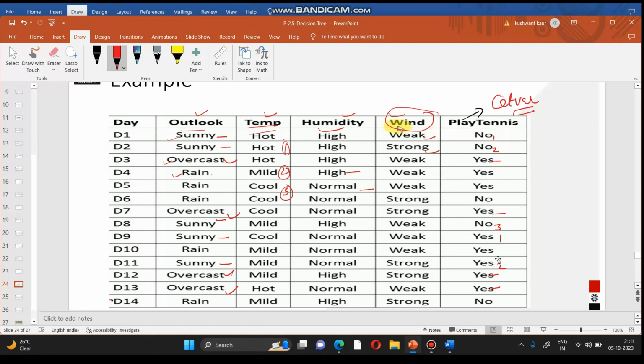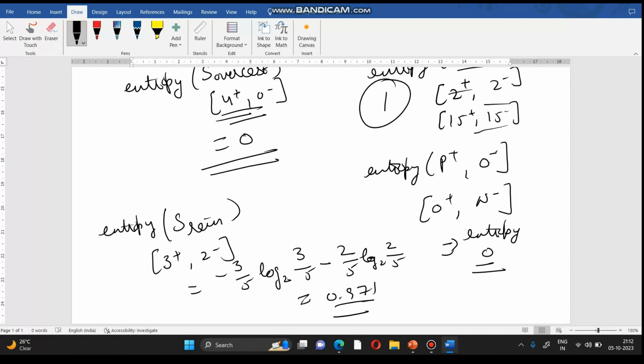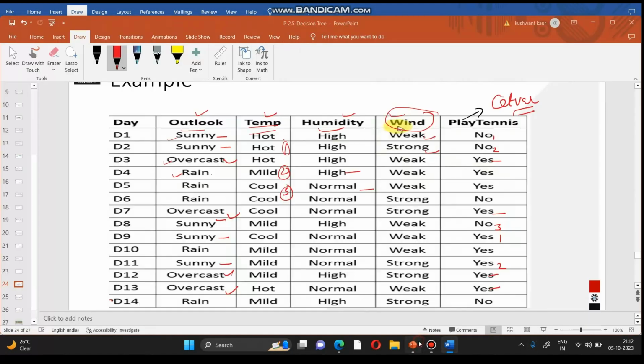Putting the values in the entropy formula, we get minus 3/5 log 2 of 3/5 minus 2/5 log 2 of 2/5. When we solve this, we get 0.971.